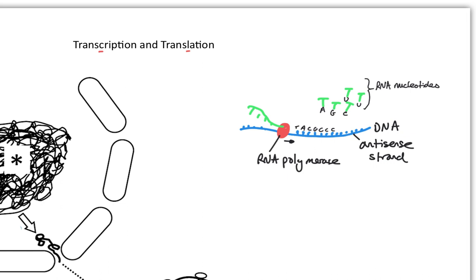So when I write about this, I've already got 2 marks saying RNA polymerase moves along the antisense strand. The key thing is that when these new bases come in, they bind to the DNA strand spontaneously. It doesn't require the enzyme.